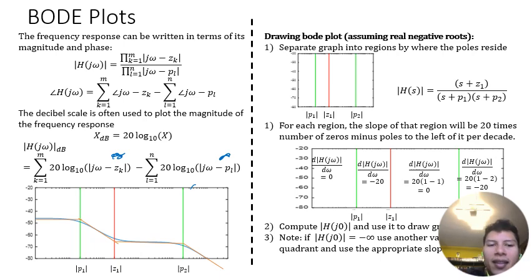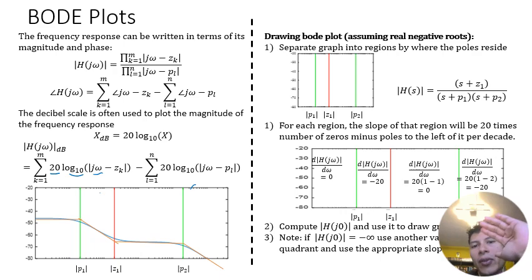Now, the moment your omega value becomes bigger than each zero or pole, you get a slope of positive 20 if omega is becoming bigger than a zero, because here there's 20 log omega per factor of 10. And whenever you pass a pole, you get a negative 20 slope per factor of 10.